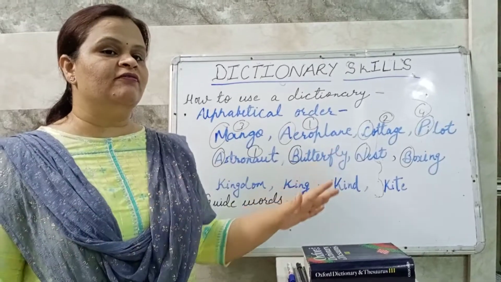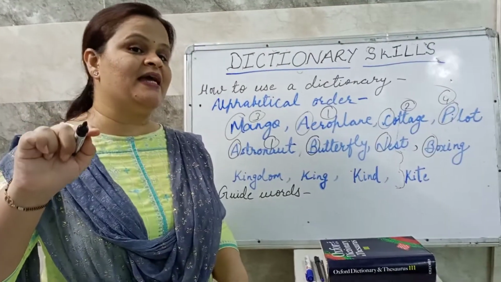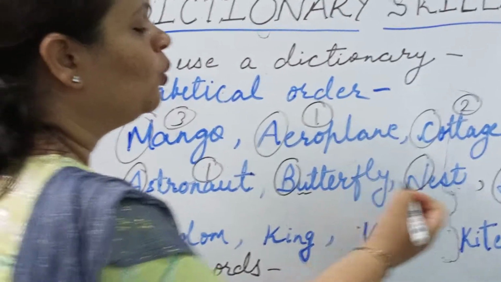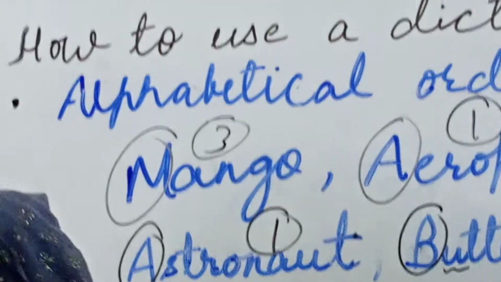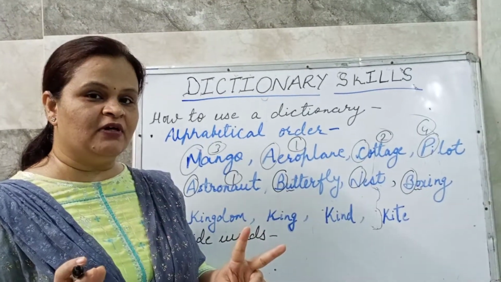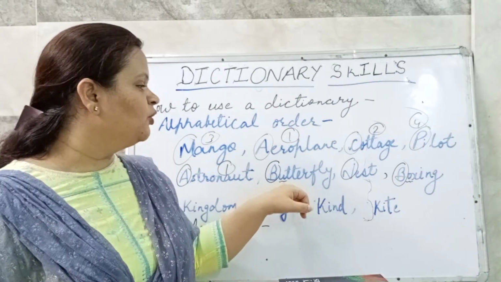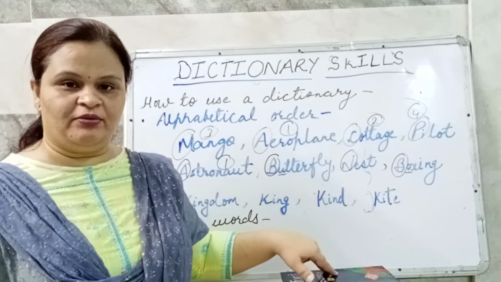So forget that. Now pay attention to the second letter. The second letter here is U and here O. Now we can arrange both the words according to the second letter. Which comes before?